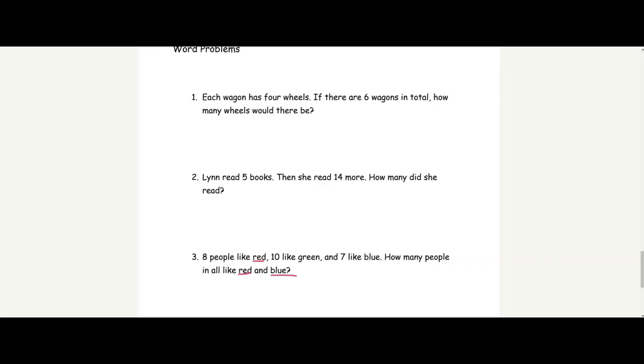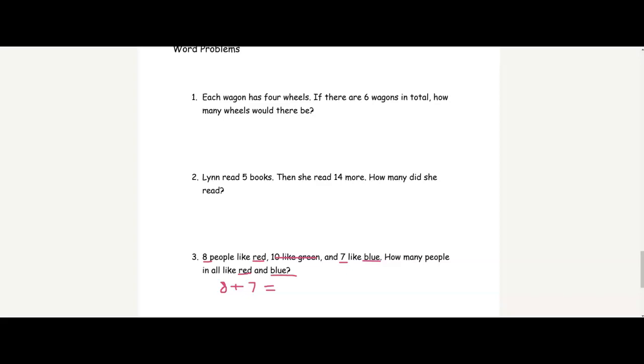Yes. Is this red or blue? No. So we wouldn't count these people because they don't like red or blue. And 7 like, what does this read? Yes, it reads blue. So we'd have to add the people that like red, which is 8 people, and then 7 who like blue, and then we'd have to add it together, which would equal what?